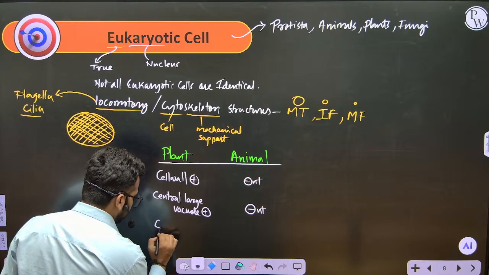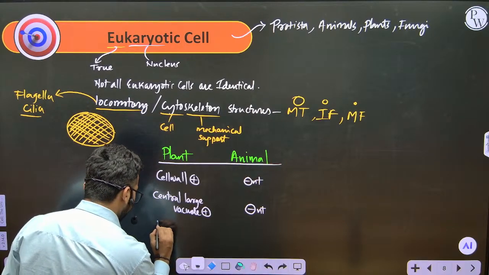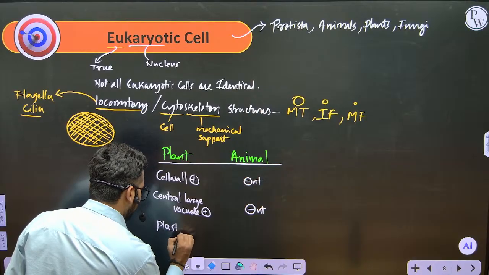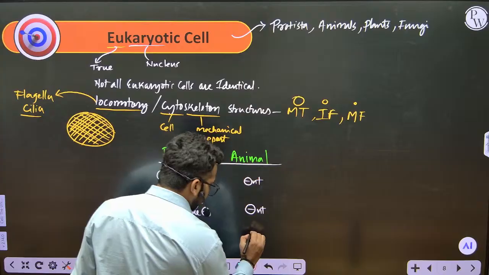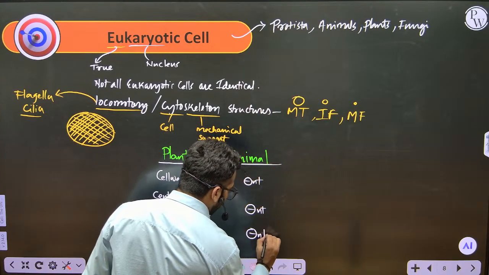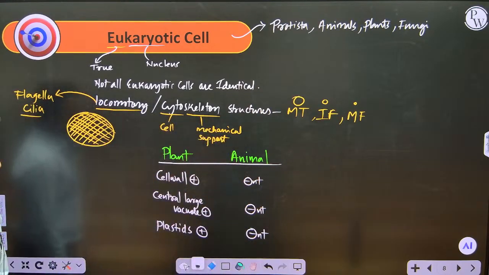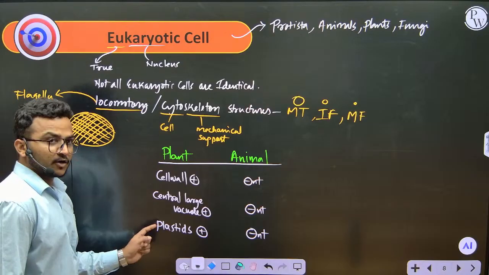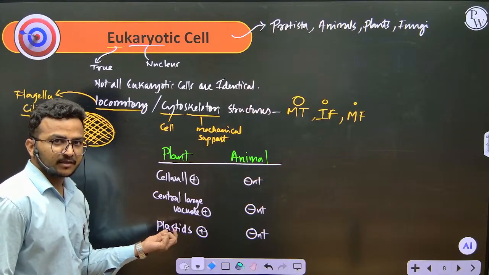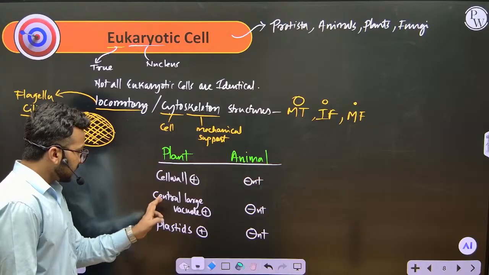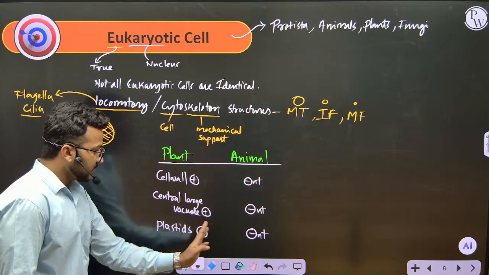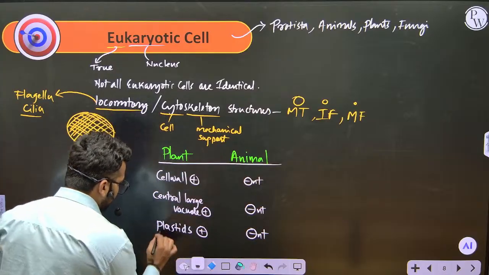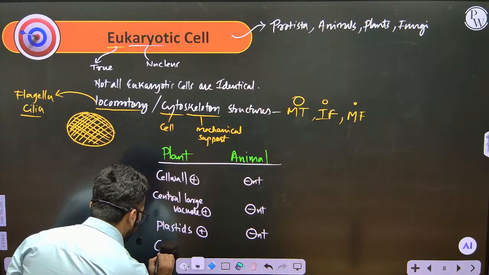chloroplast, like plastids. Plastids are present in plant cells. Plastids are absent in the animal cell. Plastids are nothing but chloroplast, chromoplast. So cell wall, central large vacuole, and chloroplast are present here and absent here. And the last one is the centrioles.